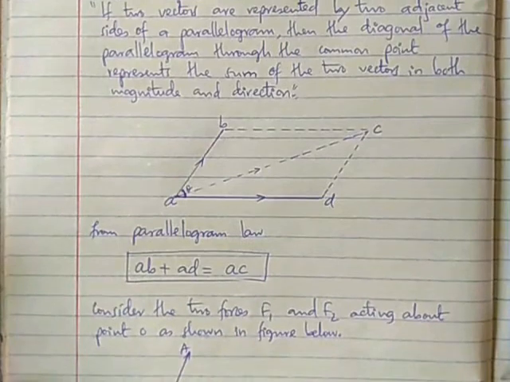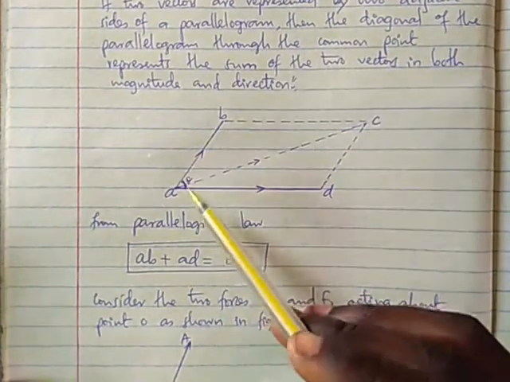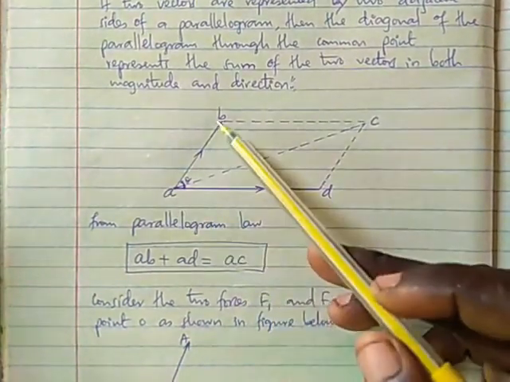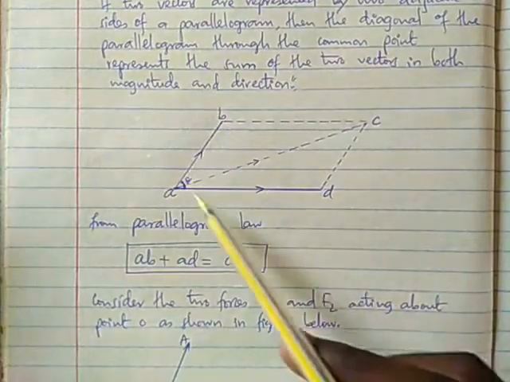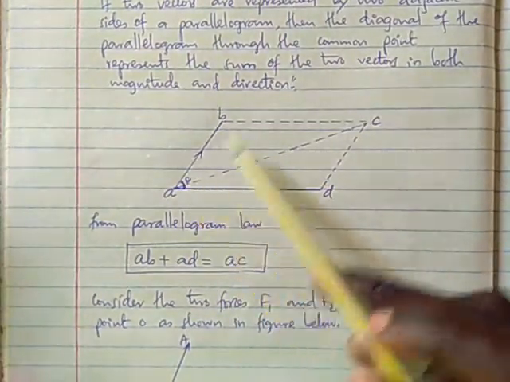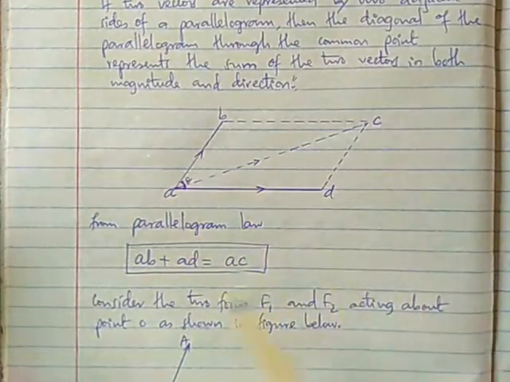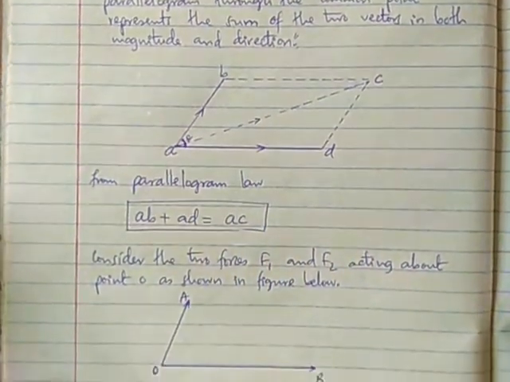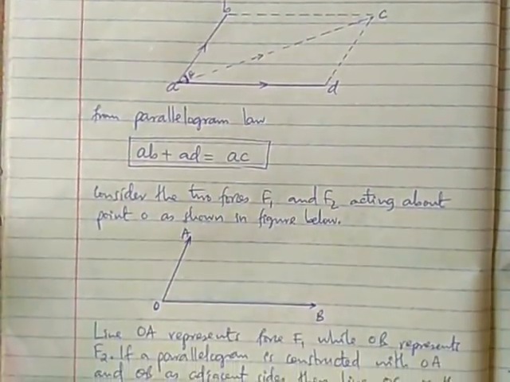So from this diagram, vector AB plus AD is equal to vector AC. AC is the resultant of AB and AD.